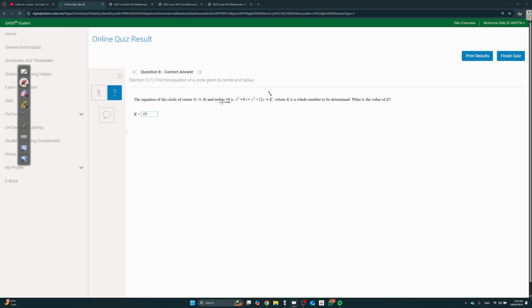So we need to find the radius. We need to find k, right? So this is obviously standard form. And what formula do we know about the radius in standard form? We know that the radius, which is 10 in this case, is equal to half radical a squared plus b squared minus 4c. This is not our c value, but if you take it to the left, it's going to be negative k, which is then your c.